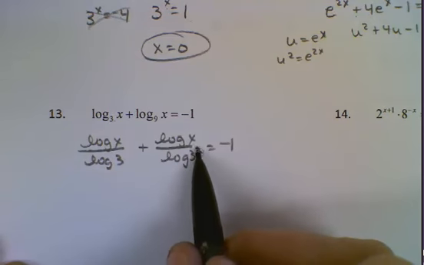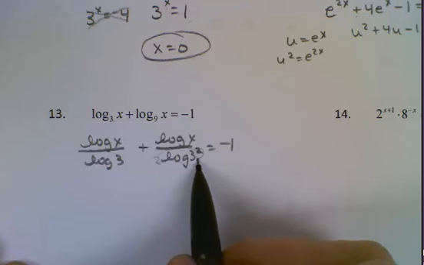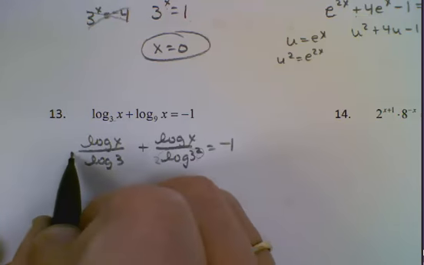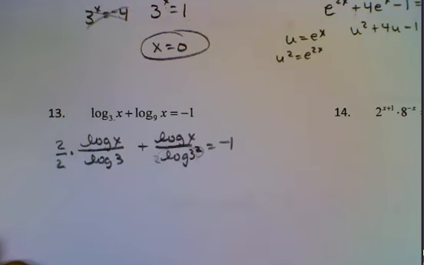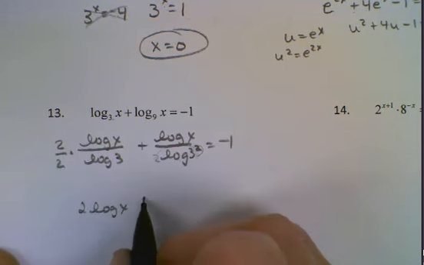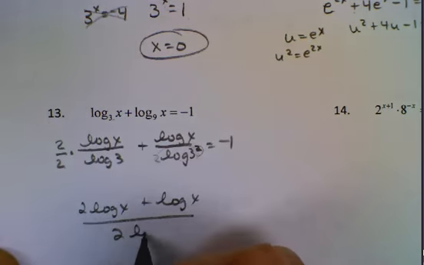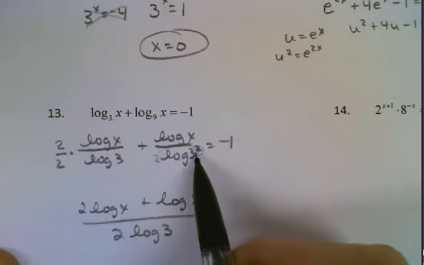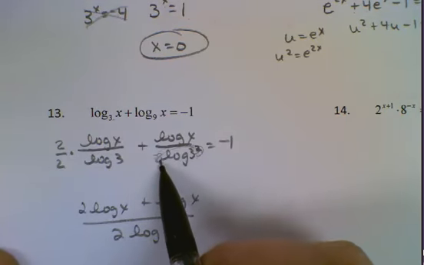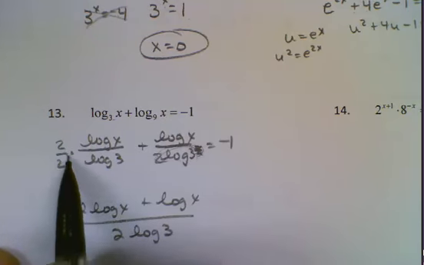So if I use the power property and bring the 2 out in front, this is really 2 times the log of 3. So to get a common denominator, I have to multiply that by 2. So I'm going to have 2 log of x plus the log of x all over 2 times the log of 3. And again, I know that because 9 was 3 squared, I can use the power property and bring that out in front. So it's 2 times the log of 3. So I multiplied that by 2 over 2.